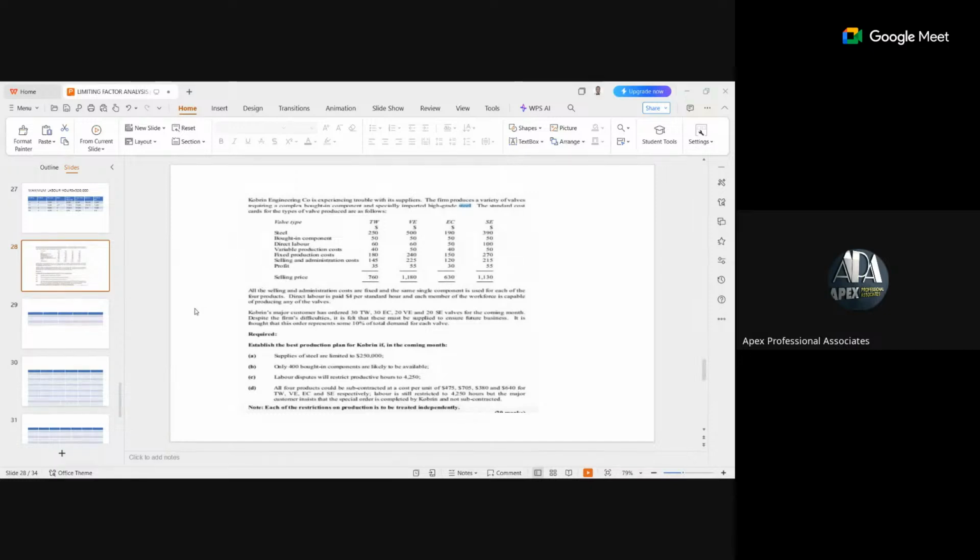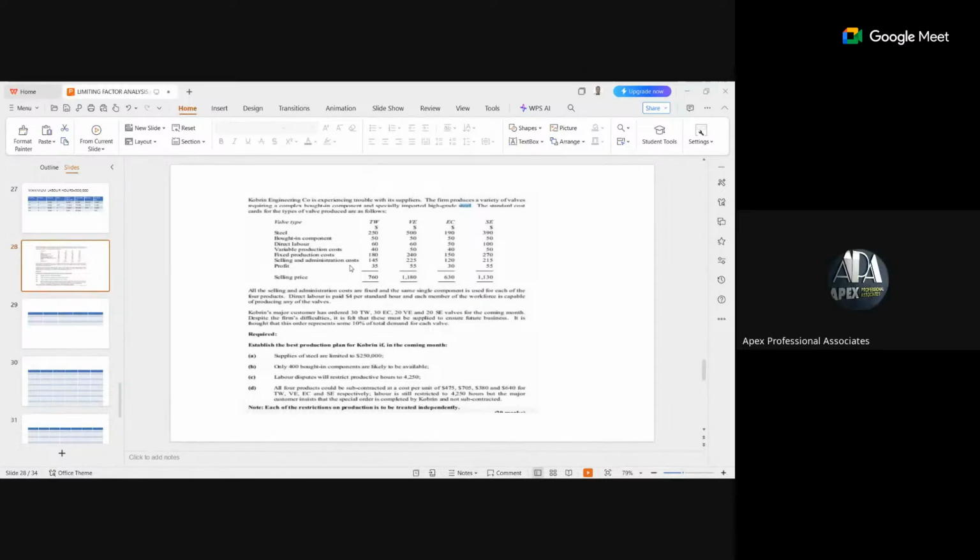So let's move further. Direct labor is paid $4 per standard hour. It means that if we want to determine the number of hours used to produce TW, VE, EC, and SE, what are we going to do? How much are we paying in terms of direct labor for TW? 60.